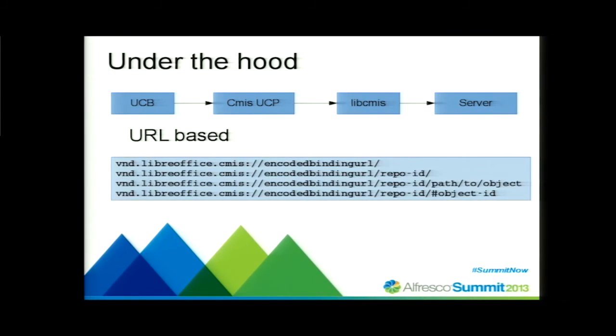Before going to the UI and how it works for the user, I want to show you how it really happens, slightly, because I don't want to dive too much into the code. LibreOffice has something called UCB, which is the Universal Content Broker. That component will get all file opening, saving, and other requests.